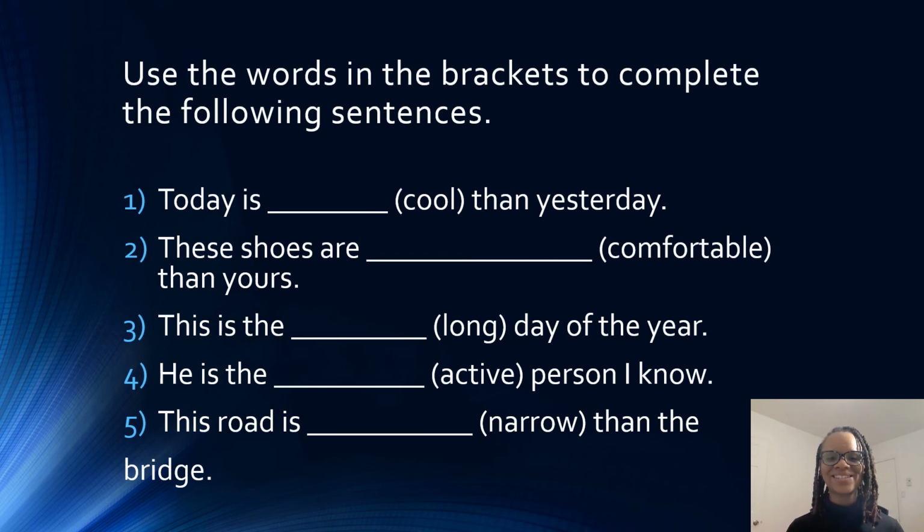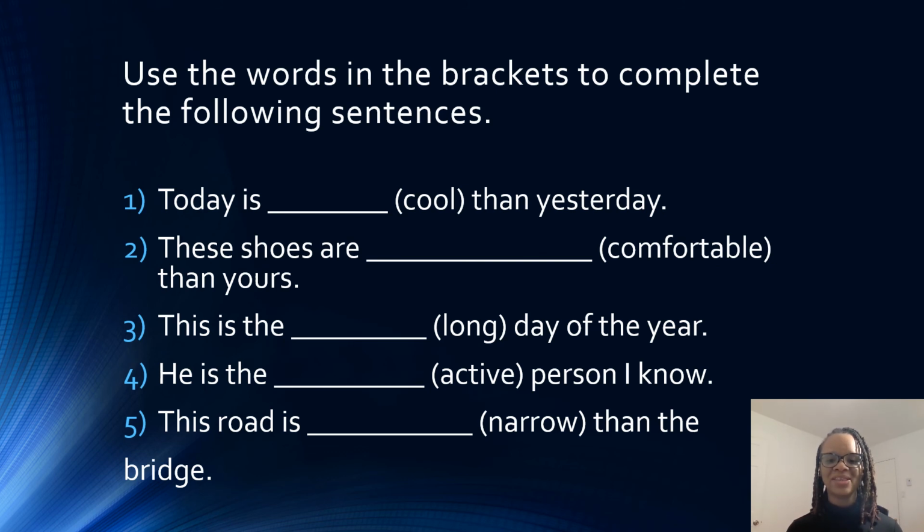For this second exercise, you must use the words in the brackets to complete each of the following sentences. Number 1, today is than yesterday. Use the adjective cool. Number 2, these shoes are than yours. Use the adjective comfortable.